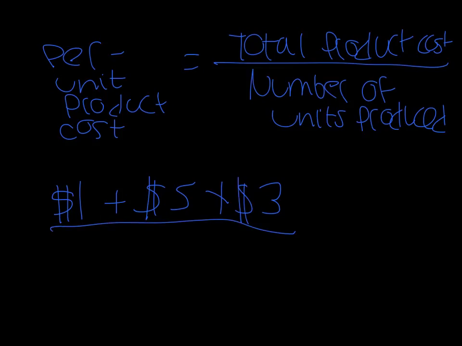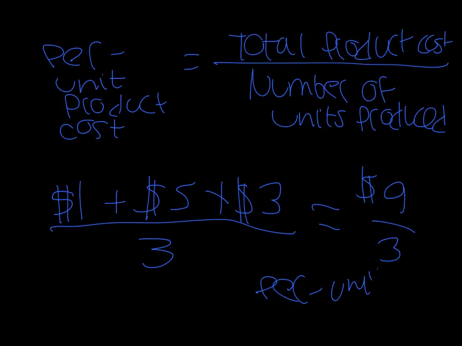And the number of units produced are 3. So, if you add them up together, $9 divided by 3. So the per unit product cost of the pair of shoes is equal to $3.